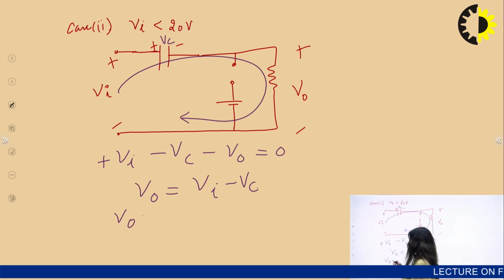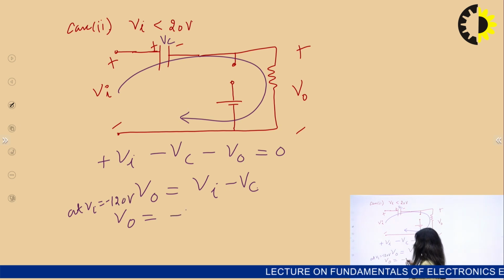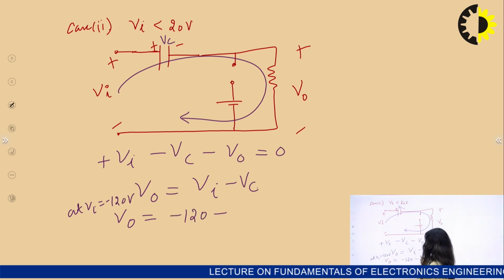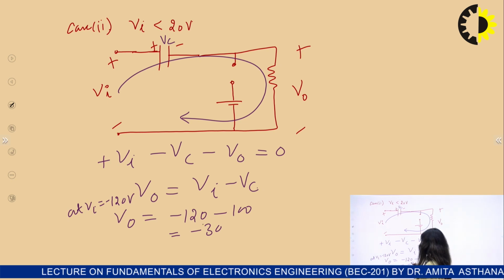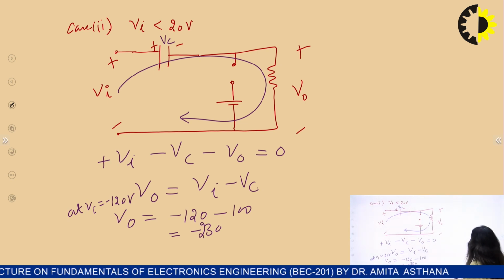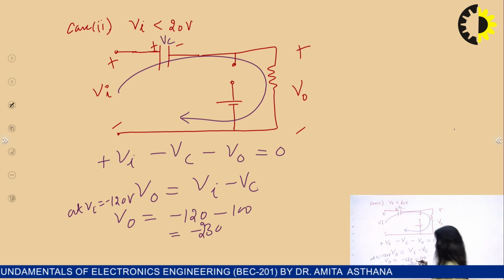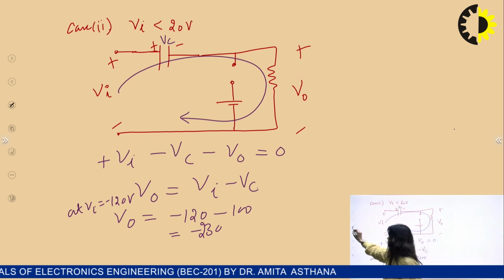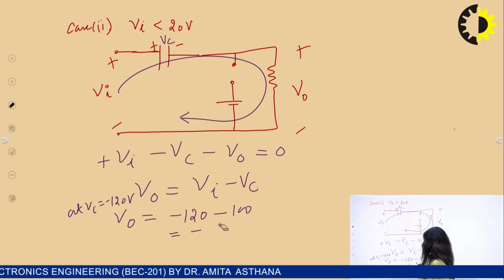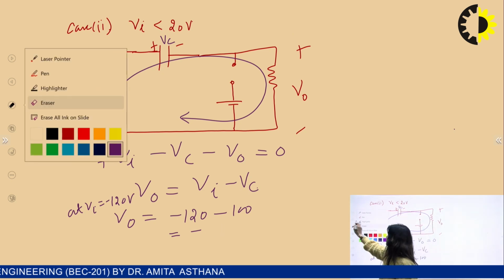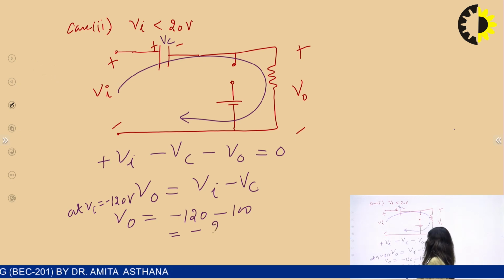Vo, at Vi equal to minus 120, minus Vc of 100, will come to minus 220 volts.